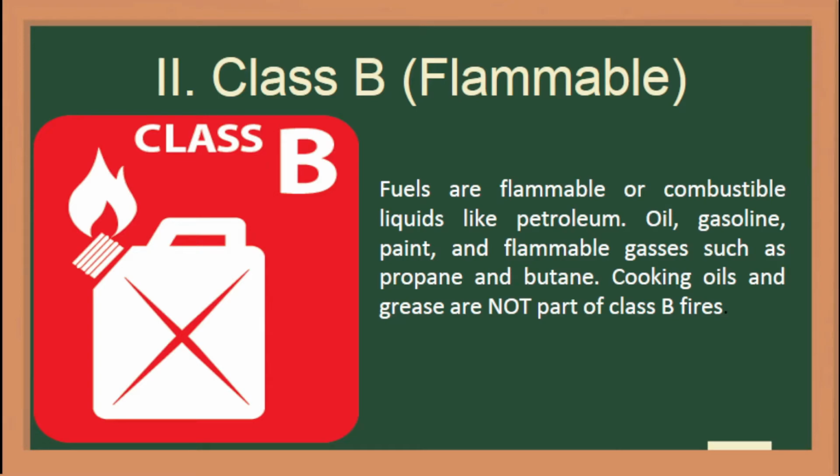Fuels are flammable or combustible liquids like petroleum, oil, gasoline, paint, and flammable gases such as propane and butane. Cooking oils and grease are not part of Class B fires.